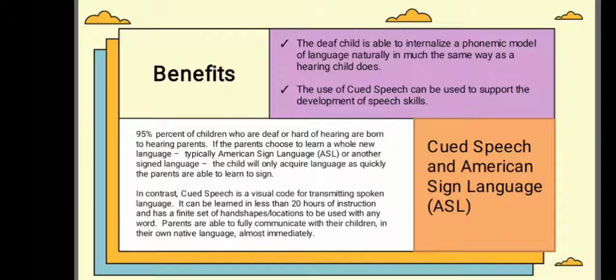In contrast, cued speech is a visual code for transmitting spoken language. It can be learned in less than 20 hours of instruction and has a finite set of hand shapes and locations to be used with any word. Parents are able to fully communicate with their children in their own native language almost immediately.